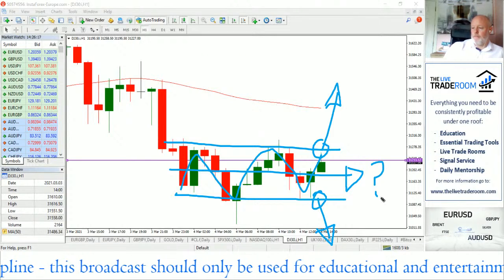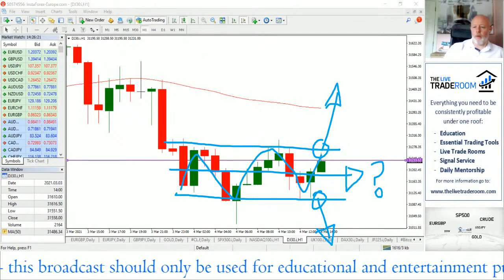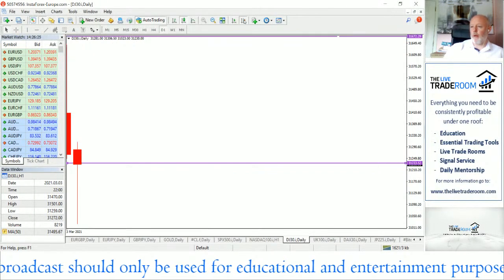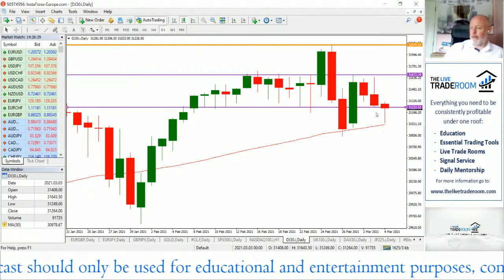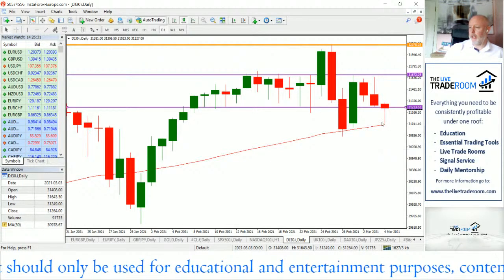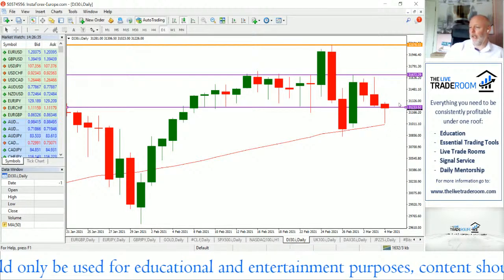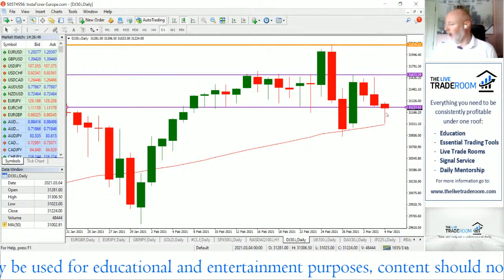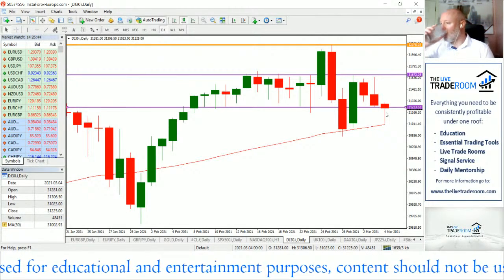So what that can allow us to do is just be patient for now, not be too angsty to get into the trade, because what we want to do is to confirm direction. Previously we were looking for selling opportunities, and those occurred during the Asian session, and now we're just pulling back a little bit. It just remains to be seen what the true direction for this market actually is.